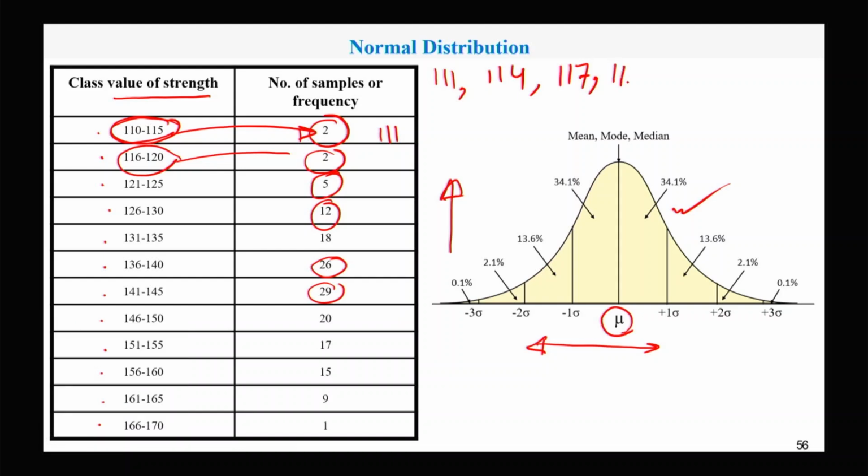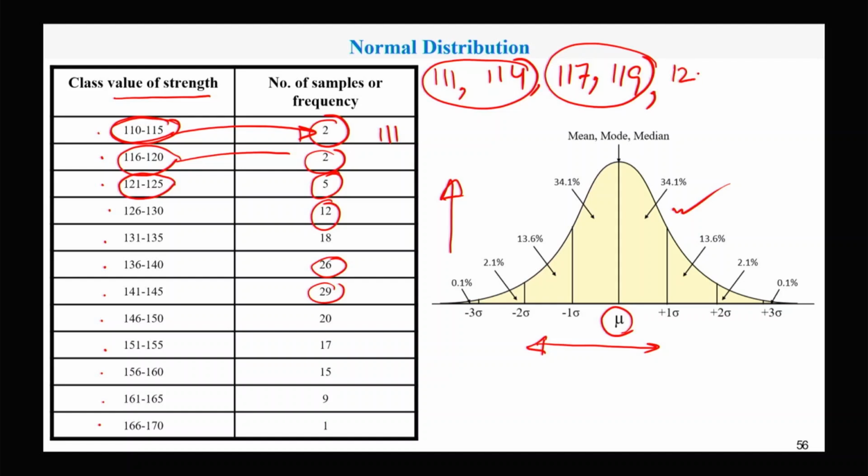So this is the first class, second class. In third, between 121 to 125, we have 5 data.